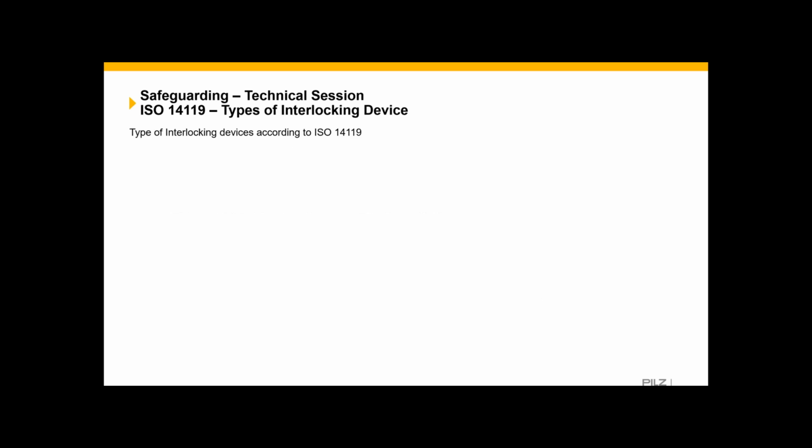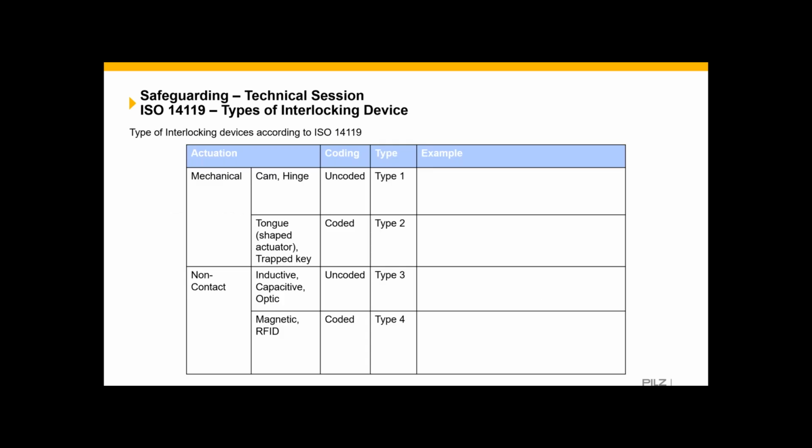And so, types of interlocking devices according to 14119. The actuation is broken down into two types, mechanical and non-contact. For mechanical, you have cam or hinged, or they could be tongue-shaped actuators or trapped key interlocks. And then for non-contact, you have inductive, capacitive, optic, magnetic, and RFID.